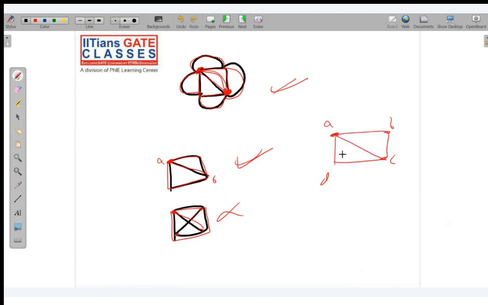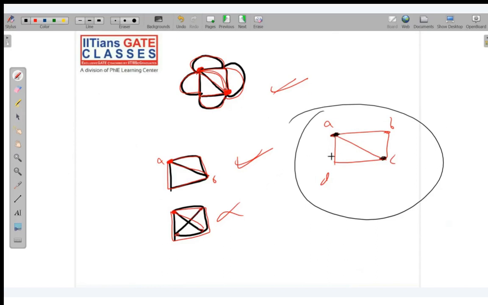So directly what I want to say is, in a unicursal graph there will be exactly two vertices of odd degree, and to cover all the edges you have to start from an odd degree vertex only. So in a unicursal graph, start and end vertex will be odd degree vertices. You start from A, end will be C, or you start from C, end will be A. That is for sure.